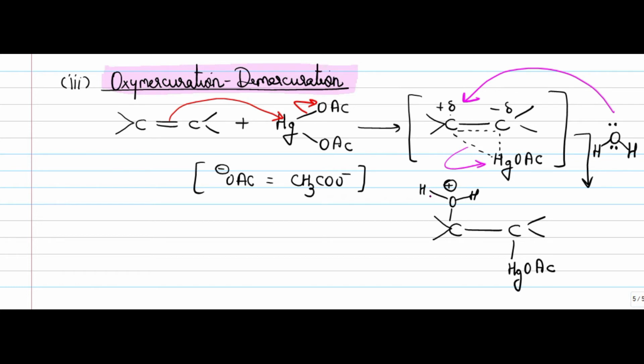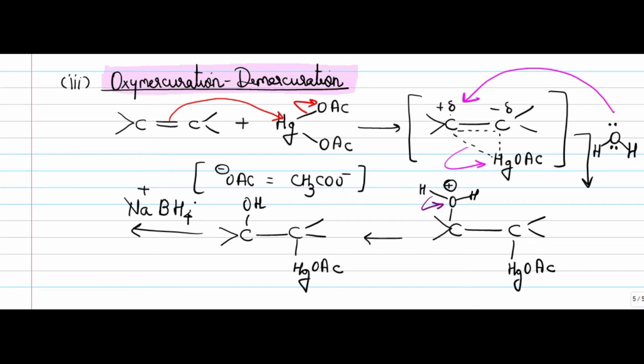Now there is this deprotonation, and we find that there is this carbon with OH, C, and HgOAc. Now if you take sodium borohydride in step number 2 in alkaline conditions, it can very easily reduce this part here and replace it with hydride or hydrogen then. So we end up in getting OH, C, and H.